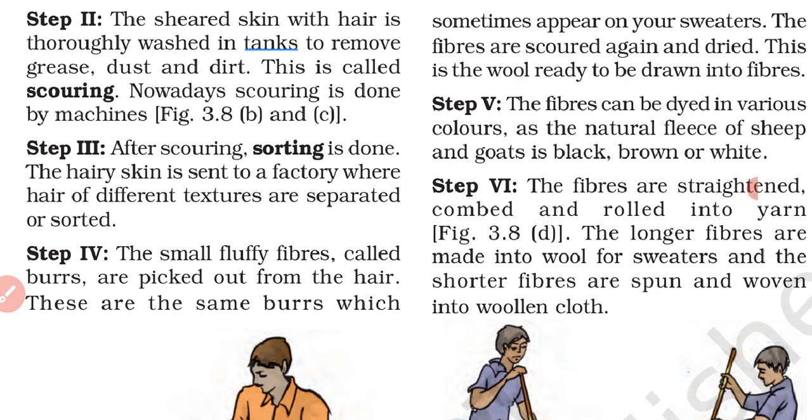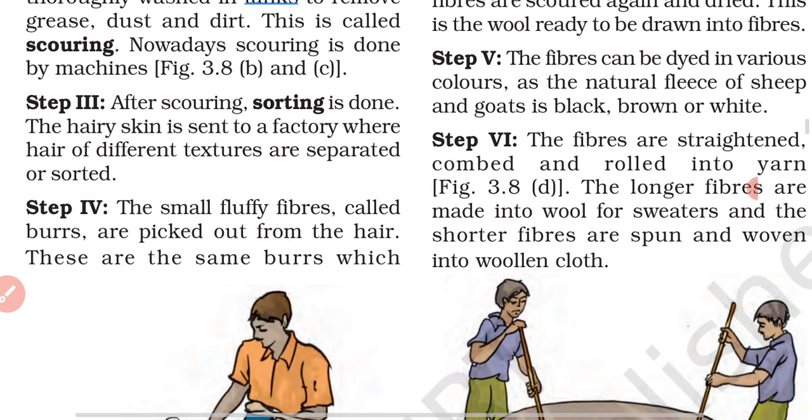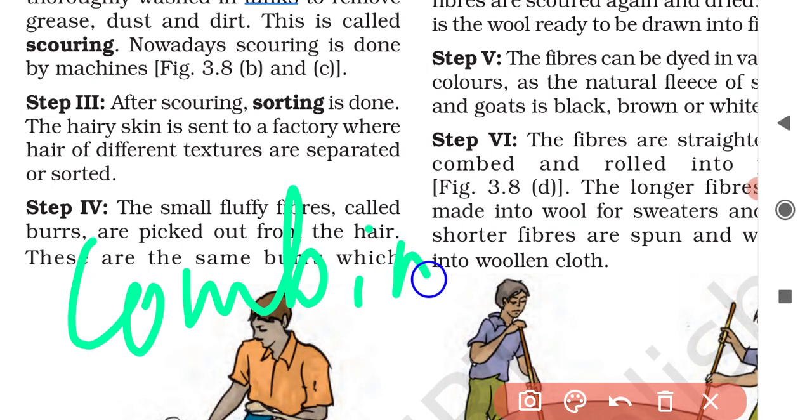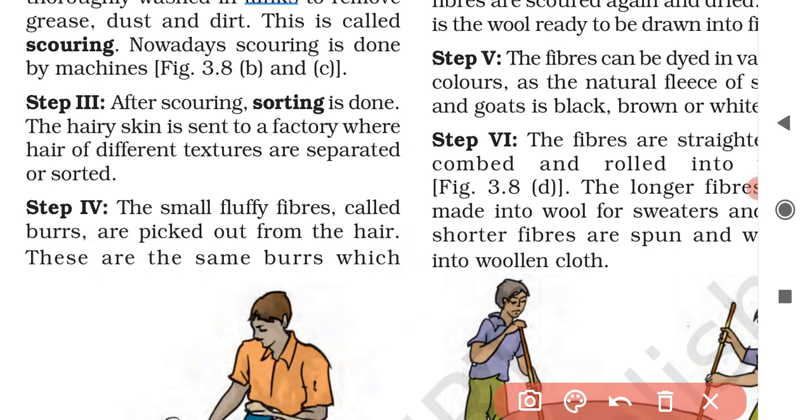Okay, next step number 4, that is combing. We'll study about combing in step number 4. This combing is a method to prepare woolen fibers for spinning the yarn, and this is done by using combs having metal teeth.